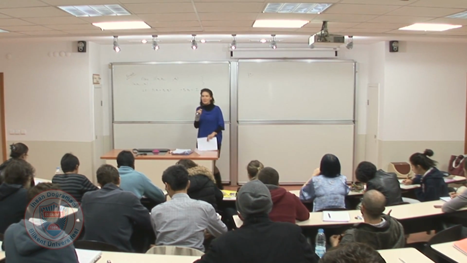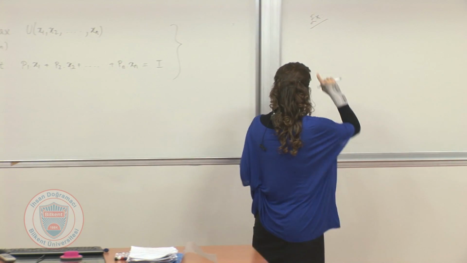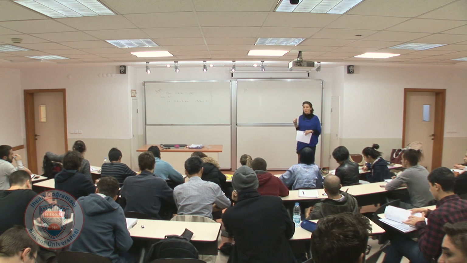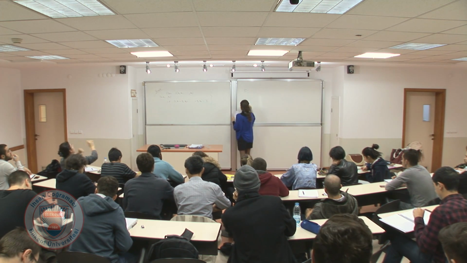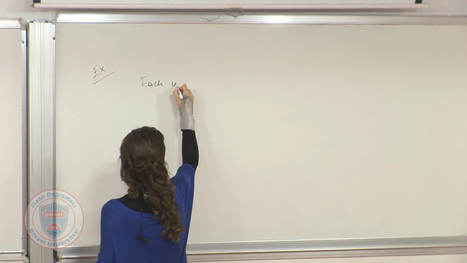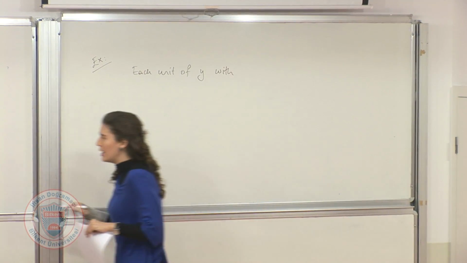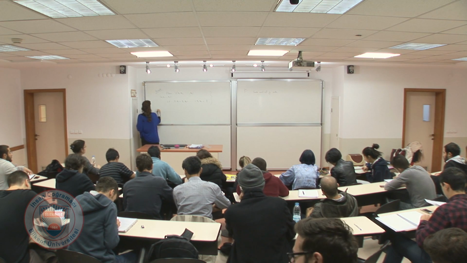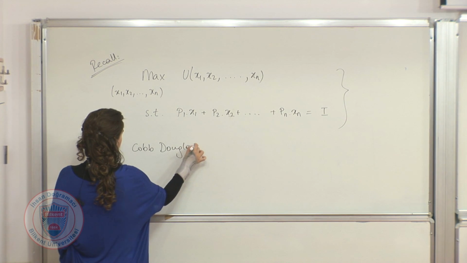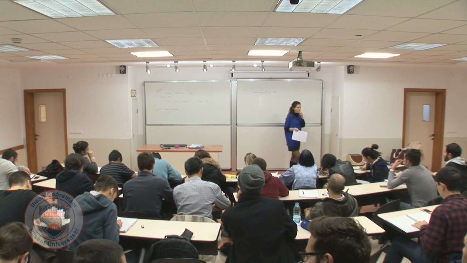Before I give you the utility function, let's actually do this. Suppose you would like to always consume, so let's write this down. Suppose you would like to consume each unit of y with, so as I said, remember, the previous example was Cobb-Douglas, and this is another example, but you'll see what that is.